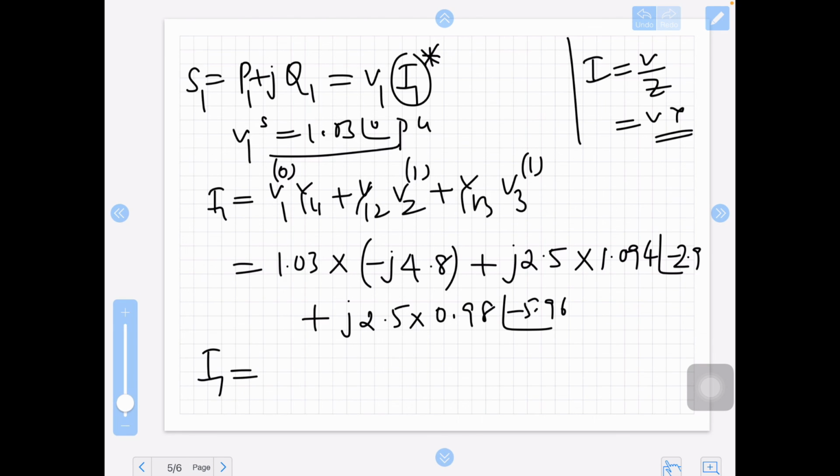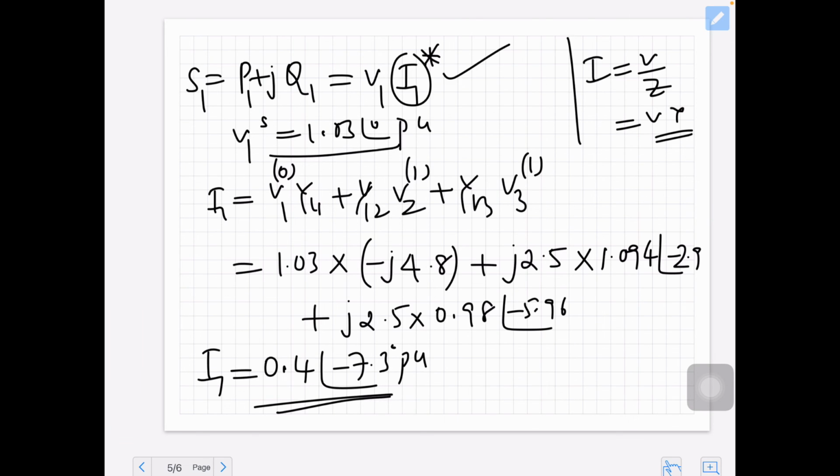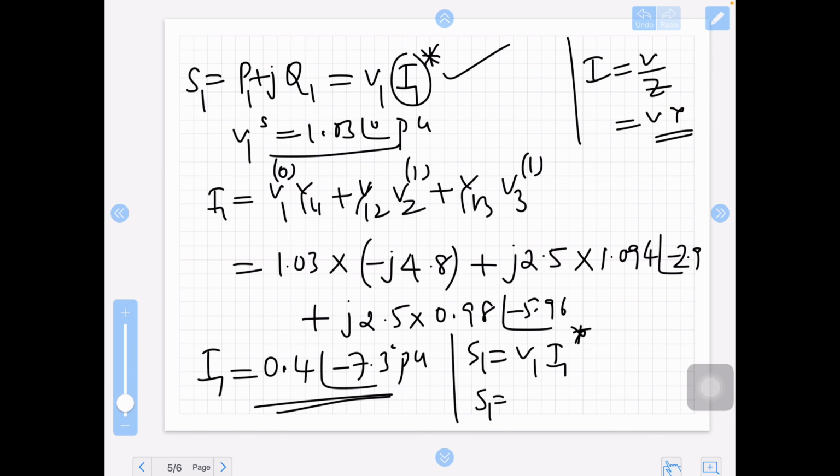I1 you will get as 0.4 at an angle of minus 7.3 per unit. Once you know the value of I1, you can find S1. S1 is equal to V1 into I1 conjugate. If you do the simplification, you will get this answer as 0.4 plus j0.05. So the real power is 0.4 per unit and the reactive power is 0.05 per unit.